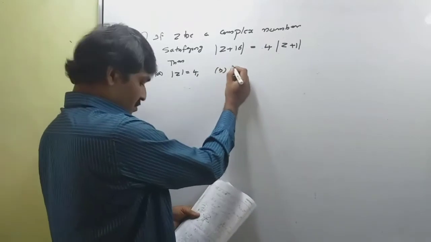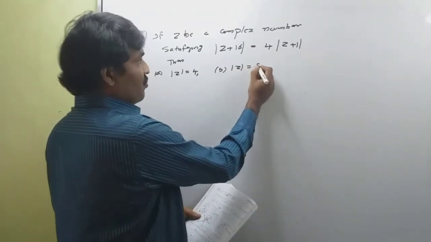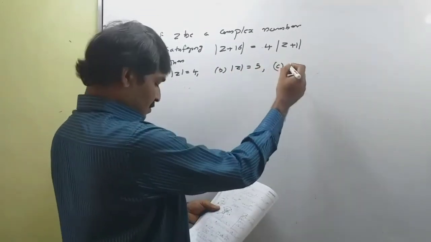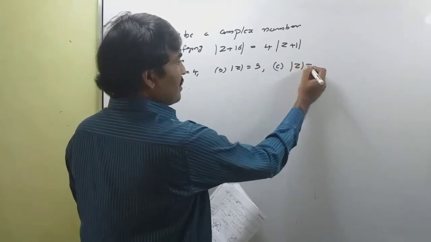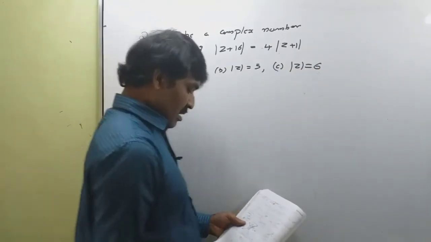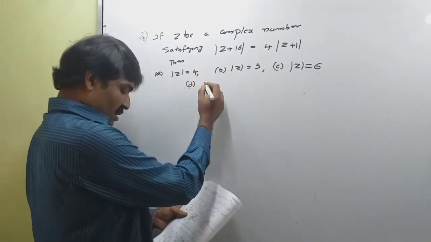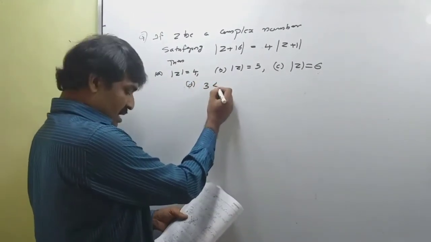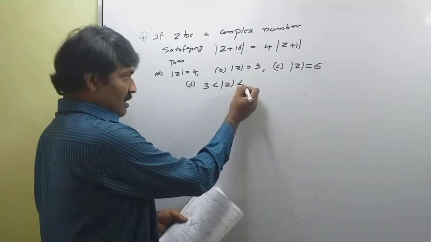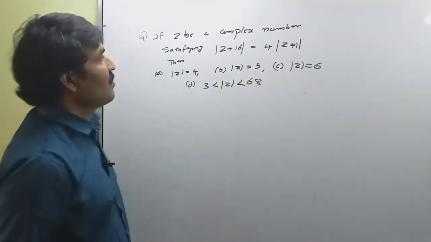Choice B is mod z is equal to 5. Choice C is mod z is equal to 6. And choice D is 3 less than mod z less than 8.